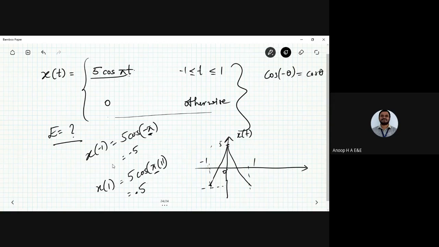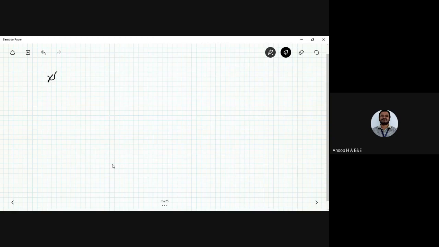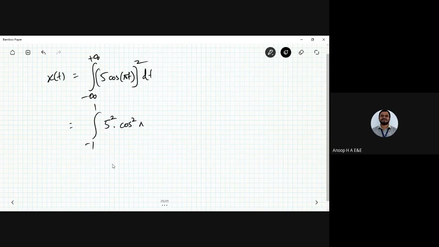You can quickly look here, or else you can directly take the limits. If you want to directly take the limits, how would it look? It would be the integral from -infinity to +infinity of (5 cos pi t) squared, so from -1 to 1, 5 squared cos squared pi t dt.